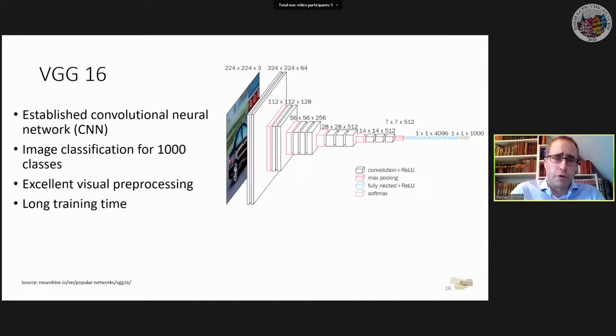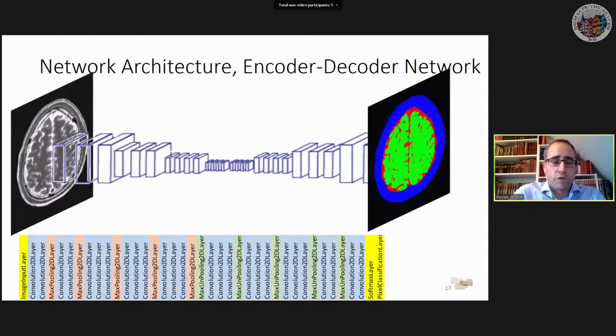So for our further design, we chose the VGG16 CNN as a ground structure. This is an established network for image classification, and it offers excellent visual preprocessing, although it is comparatively hard to train. So this is our network structure.